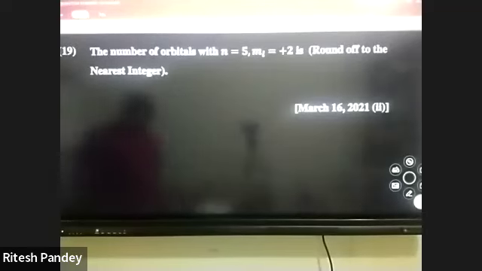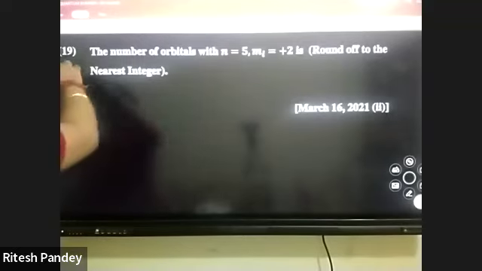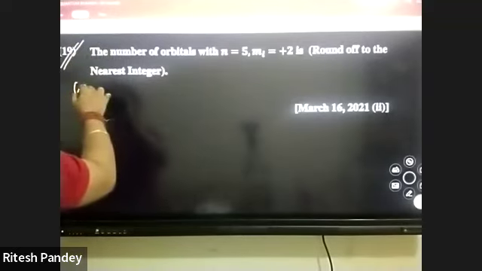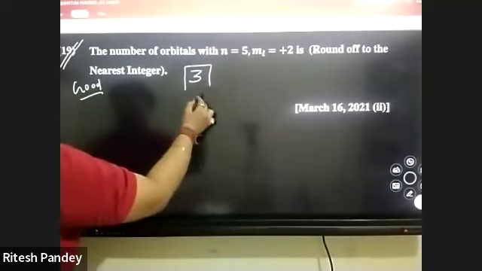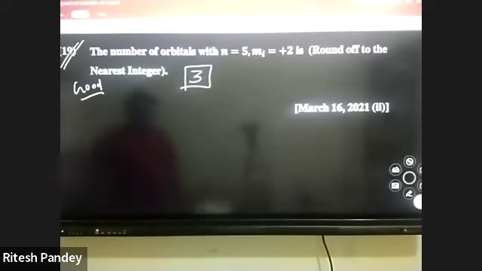Yes, please, this is a nice problem. 19 is a good problem. Sir, 3. I am happy a few of you are coming up with the right answer, 3. Please tell me what are the 3 values possible?